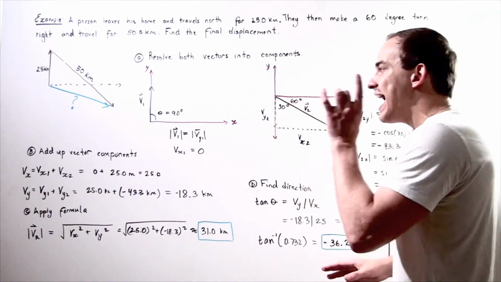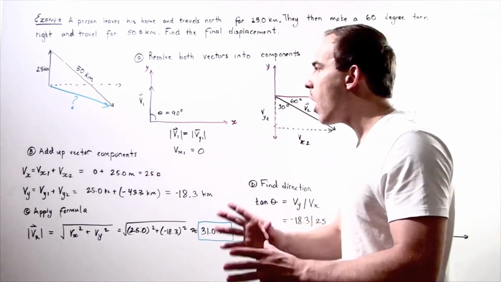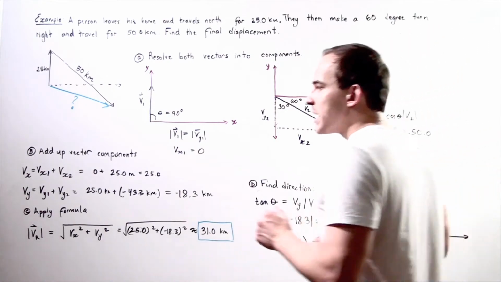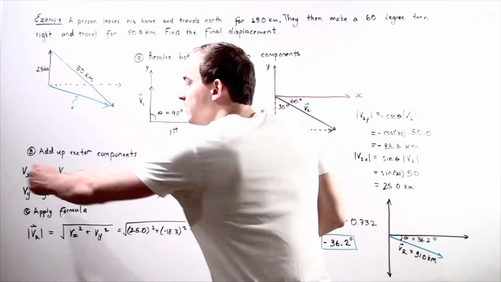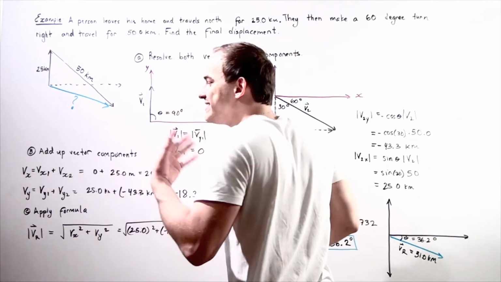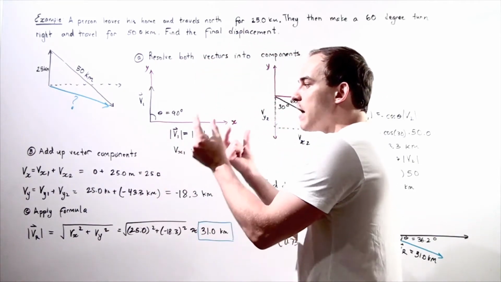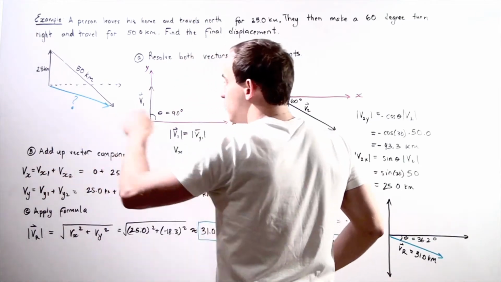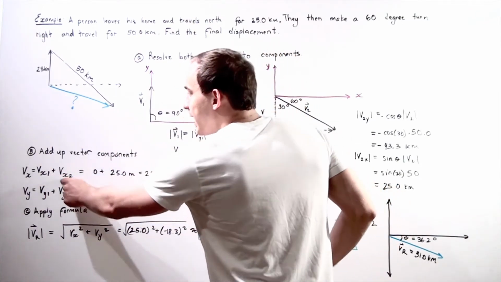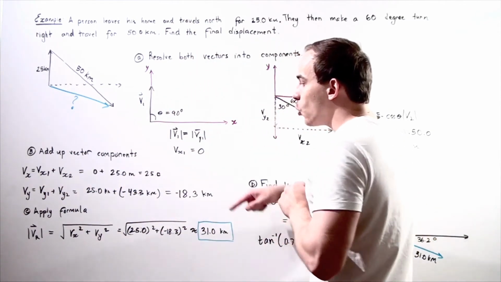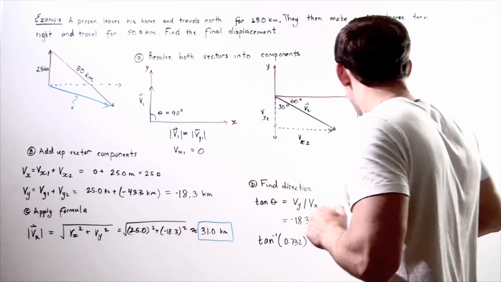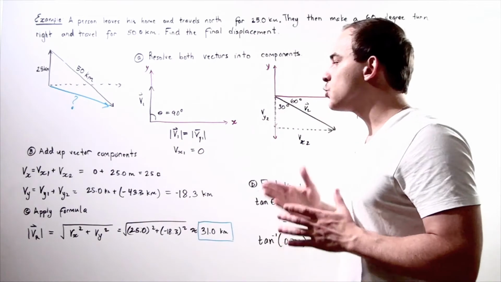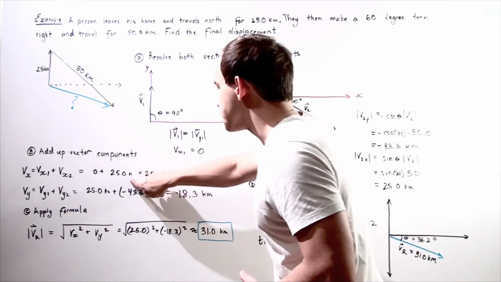Now we know the x component vectors and the y component vectors of both of these vectors. So our final x component vector is equal to the sum of our two components. So our component x for vector 1 and our component x for vector 2. So we said this was 0 and this was 25. So 0 plus 25 is 25 kilometers.